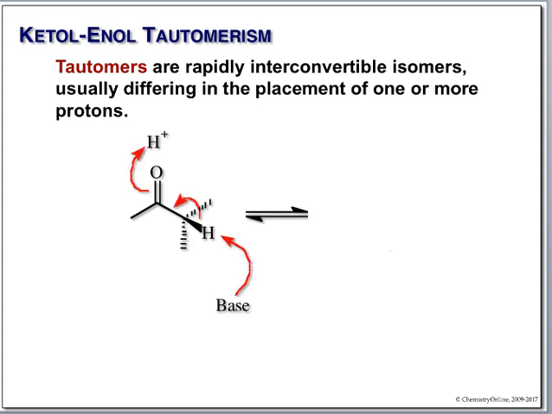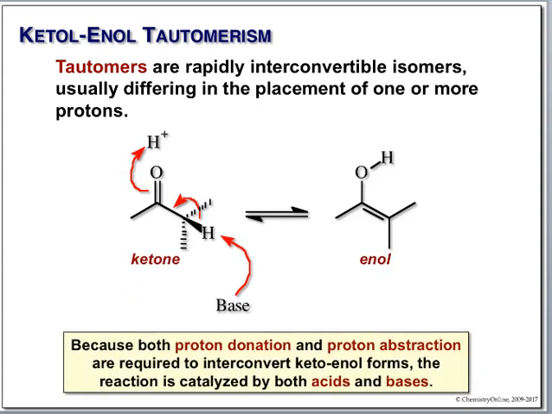The process is called tautomerism. It's not a resonance form, therefore it's two arrows. We are changing hybridizations. We are actually physically moving protons. But ketones and aldehydes are always in equilibrium with their enol.